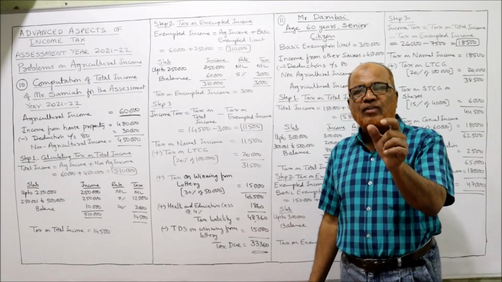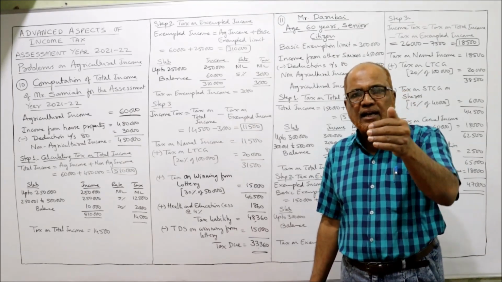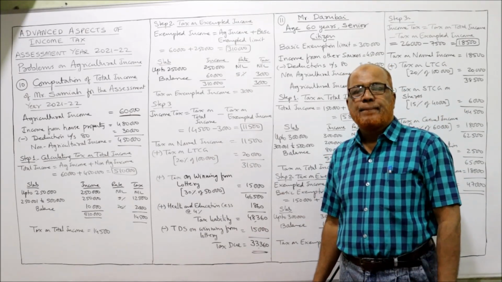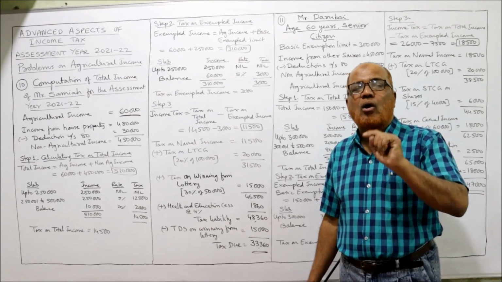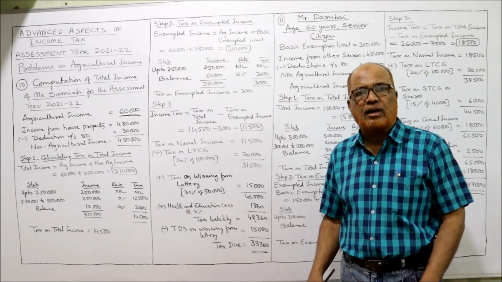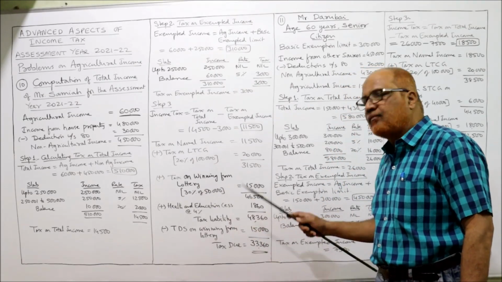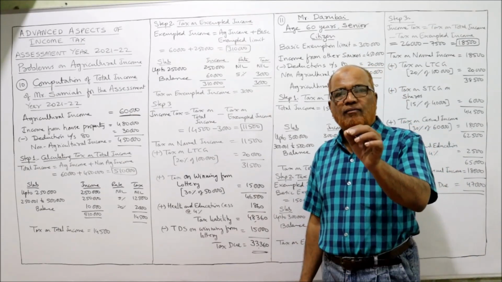Because whenever there is winning from lottery, the issuing authority will deduct the TDS and the net amount will be given to the assessee. So we assume that already TDS was made on winning from lottery. So what is the tax on winning from lottery? 15,000.